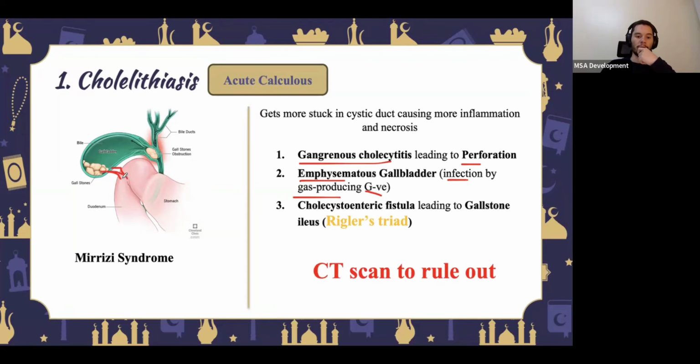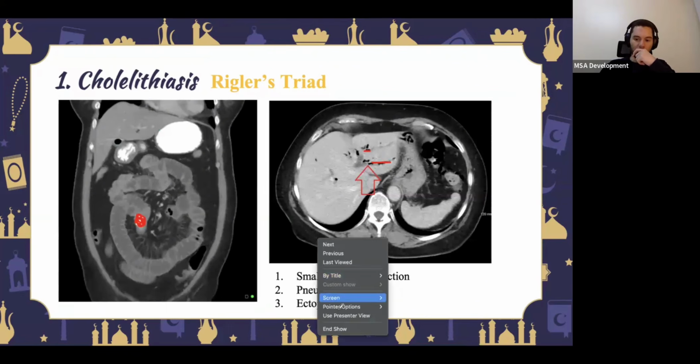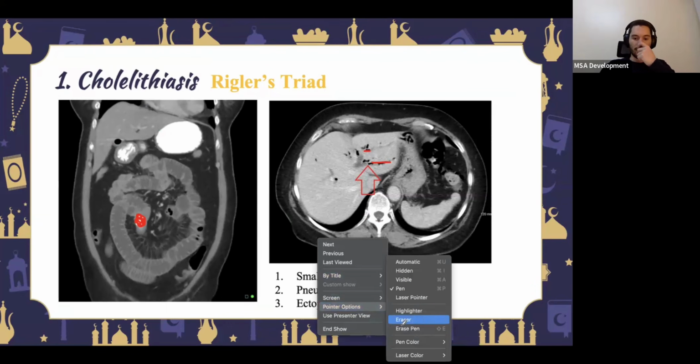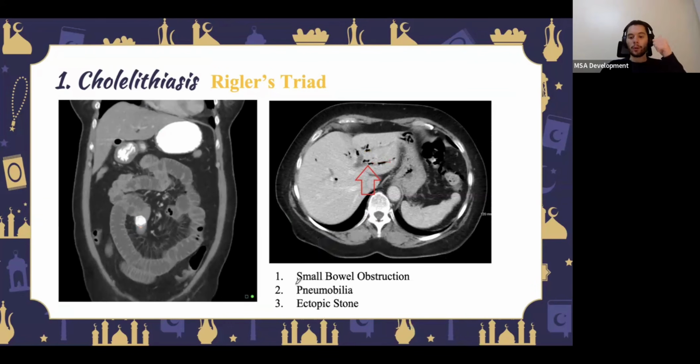So the gallstones are able to escape and enter into the intestine, and this can lead eventually to something we refer to as a gallstone ileus, and it is characterized by Rigler's triad. What is Rigler's triad? It is when you have three things: one, small bowel obstruction. So on CT or an X-ray, you'd find distended bowel loops, which indicates small bowel obstruction.